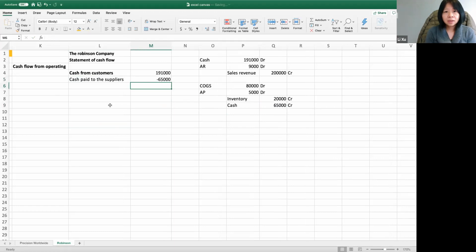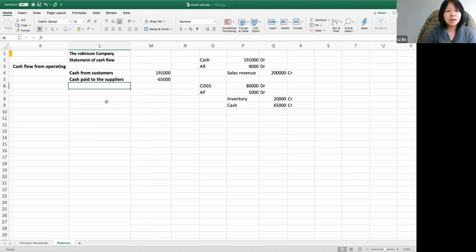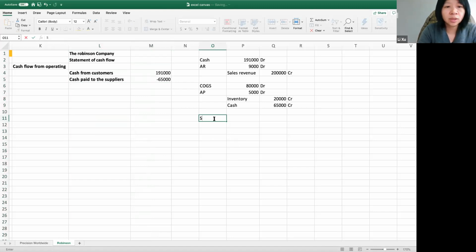Then let's move to the next items on the income statement. We did cash from customers, cash to suppliers. So next one is going to be the salary expenses. Same thing here. You want to think about the normal balance. When you have these salary expenses, the normal balance is always going to be debit.